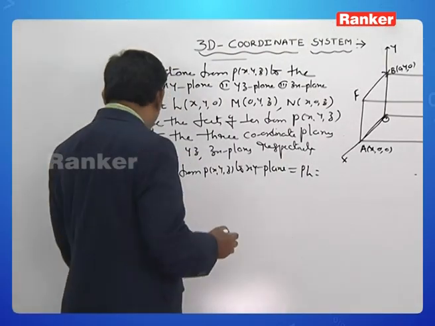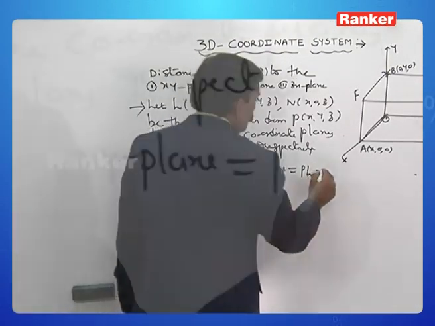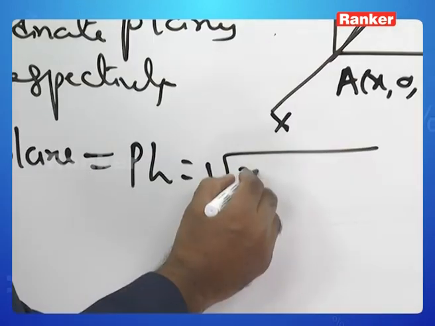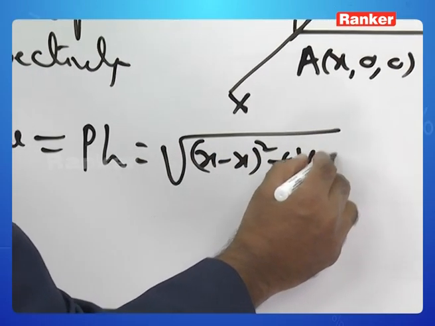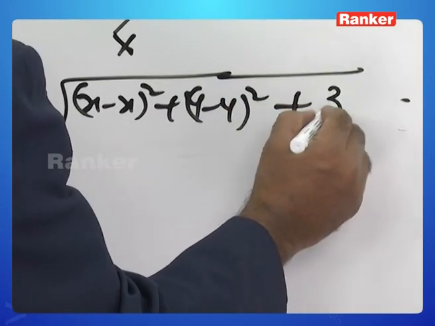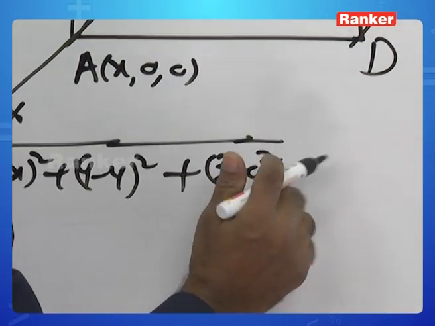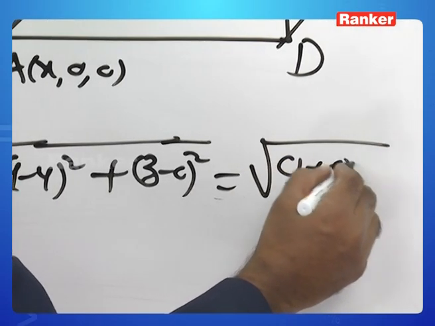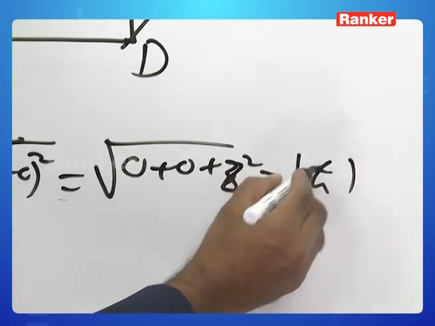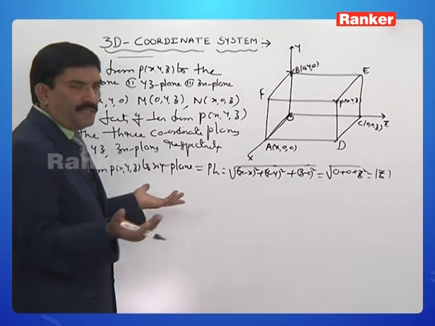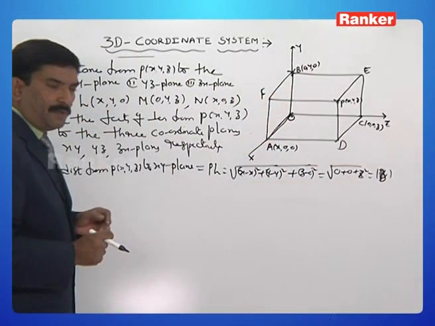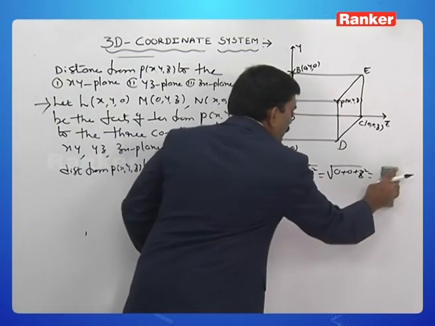Apply the distance formula from the point P to L. Now this becomes square root of (x minus x) whole square plus (y minus y) whole square plus (z minus z) whole square, which is nothing but 0 plus z square, that is mod z. Mod z or small z, it makes no difference. If you want, you can take this as mod z.